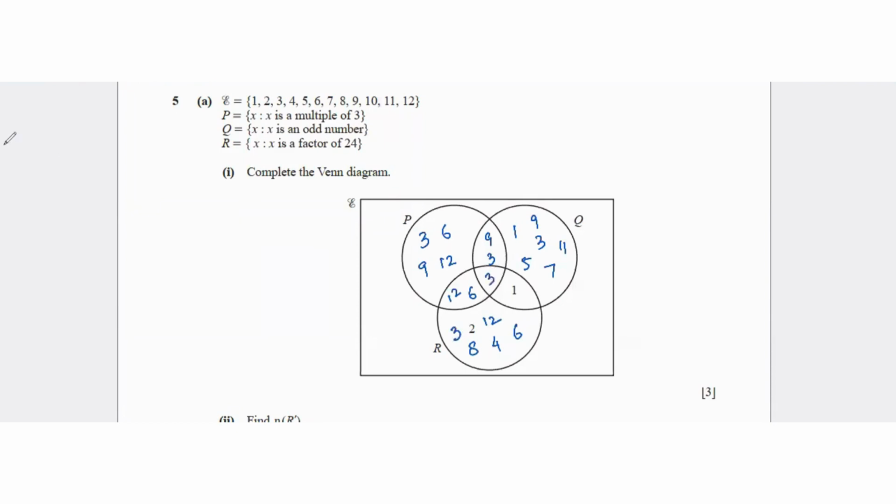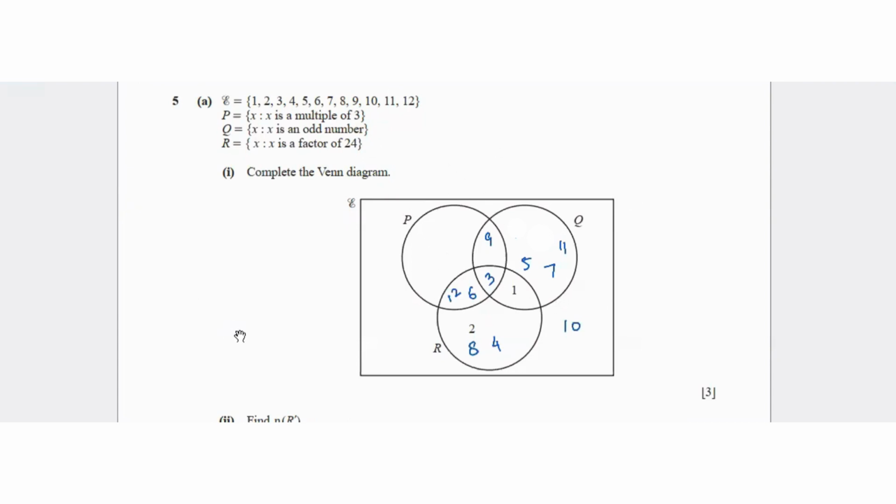So this goes over here, this goes over here, and the rest go out. And if you notice, 10 didn't go anywhere, so that means 10 will be outside over here. So this is the complete Venn diagram.